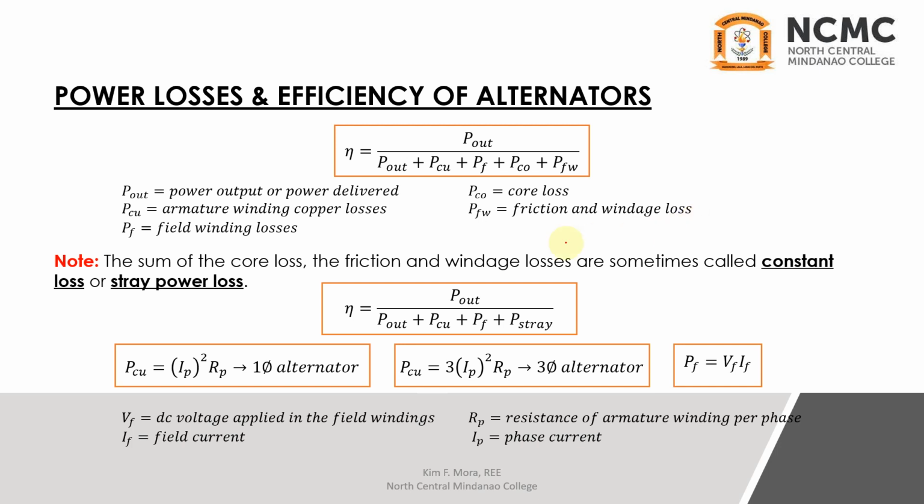The sum of the core loss and the friction and windage losses is sometimes called the constant loss or the stray power loss. So the formula is summarized as P out over P out plus copper loss plus field winding loss plus stray loss.